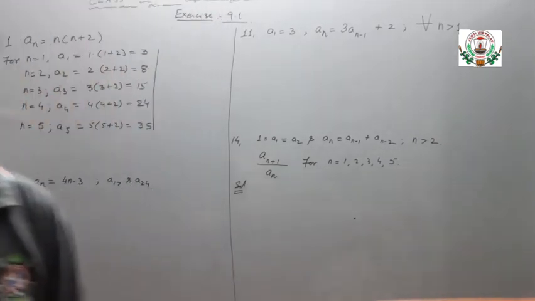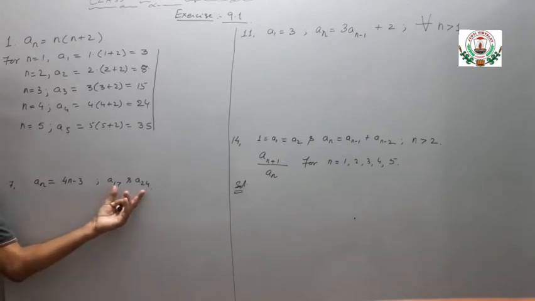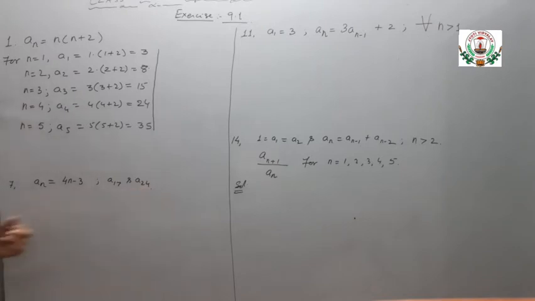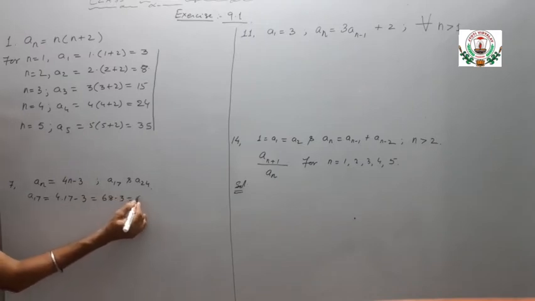Now let us come to the question number 7. The nth term is given. In the previous 6 questions, what did we have to calculate? The first 5 terms. But here in front of the question, the last term is mentioned, so we have to calculate A17, means 17th term, and 24th term only. So what we have to do, A17, n के स्थान पे 17 पुट करेंगे. 4 into 17 minus 3, 68 minus 3 equals to 65.